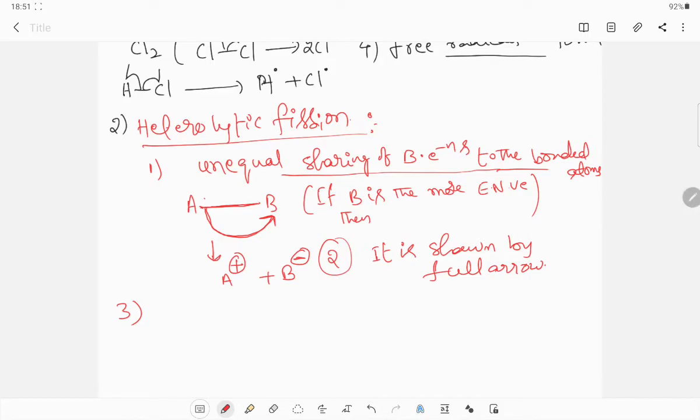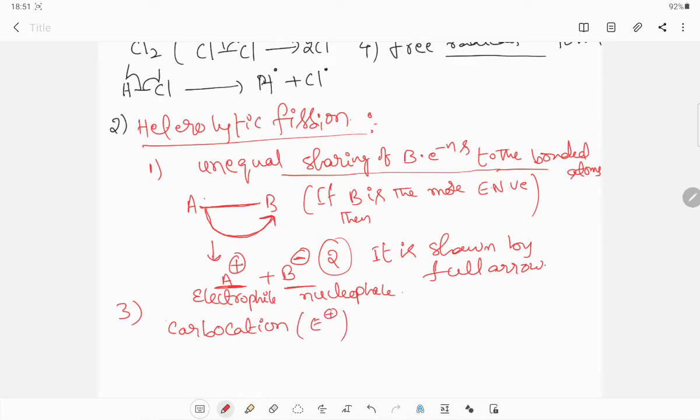So what type of products will be formed after breakage of the bond? Wherever you observe a positive charge, that is called an electrophile, and wherever you observe a negative charge, that is a nucleophile. Now the next point: in this type of cleavage, carbocations may form. Carbocation is one type of electrophile.